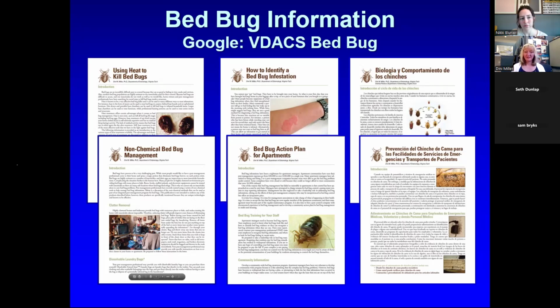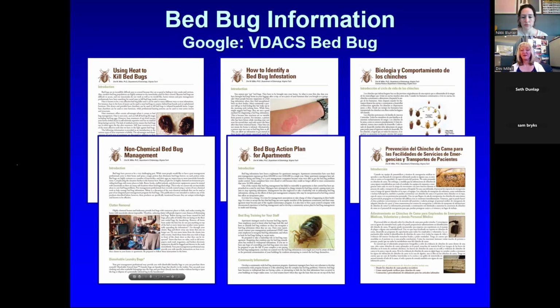The bed bug situation is pretty tough. We had some good experience with heat treatment. What I found is that getting companies to do it was very expensive, and some companies who were doing heat treatment got out of it because they just weren't getting enough business.